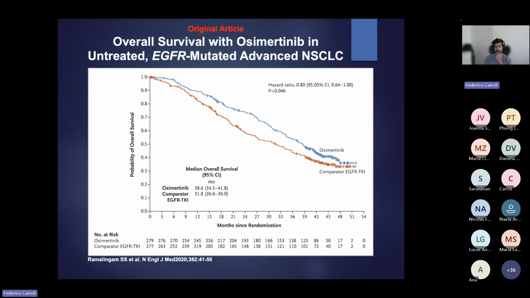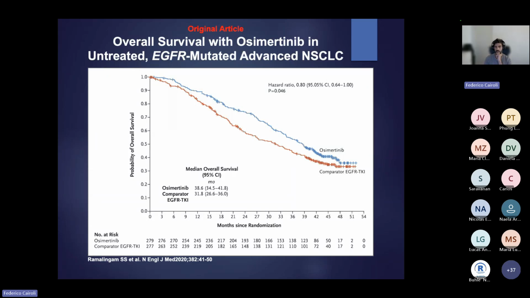So you can see here one survival curve published in one paper in the New England Journal of Medicine. It was a randomized clinical trial. For this graph, I would like to highlight some specific things. First of all, in the y-axis, you're going to find probability of overall survival, while in the x-axis, you're going to find time.